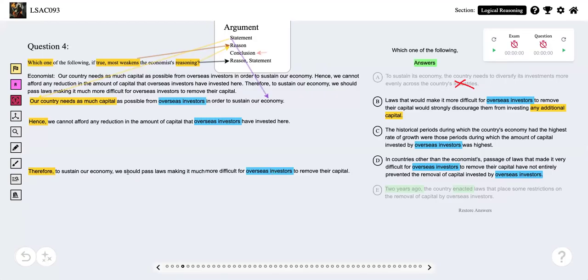So if you pass laws making it much more difficult for overseas investors to remove their capital, it looks like this pertains to the same law. Let's go ahead and highlight the term law. And we see that only 2 of our remaining answers talk about law.